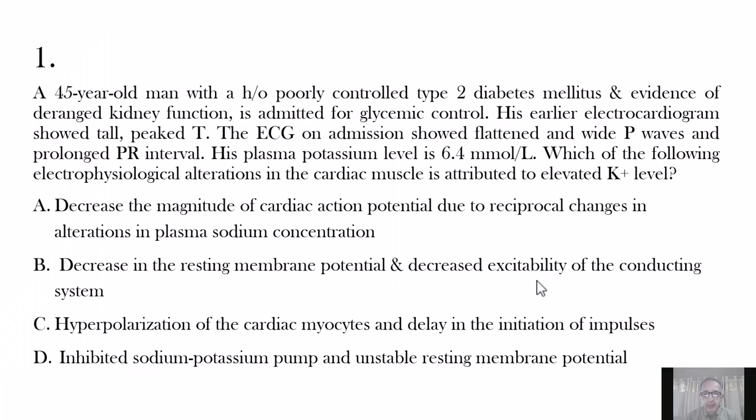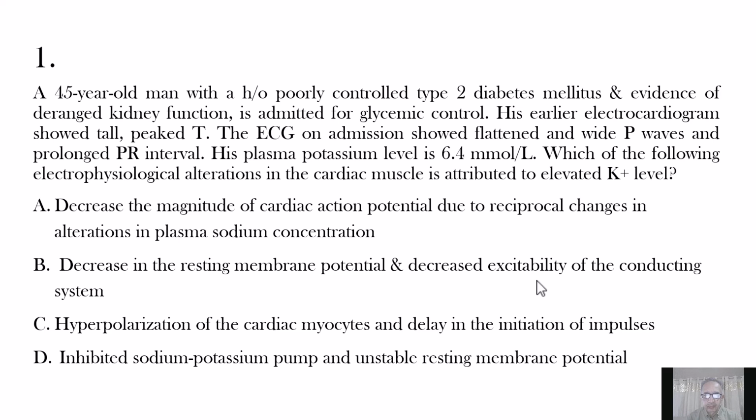Then his potassium is quite high now, 6.4. Normal is 4 to 5. Now he is showing wide flattened P waves and prolonged PR interval. So what has potassium done to the cardiac muscle?